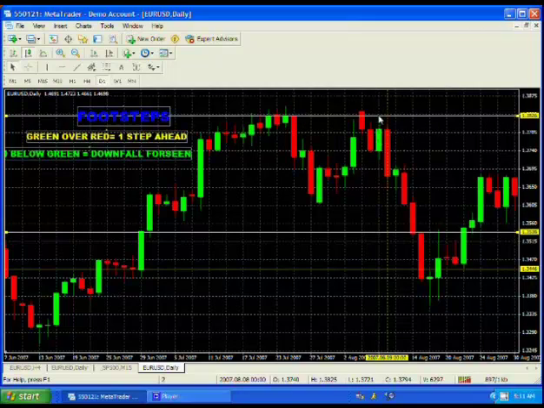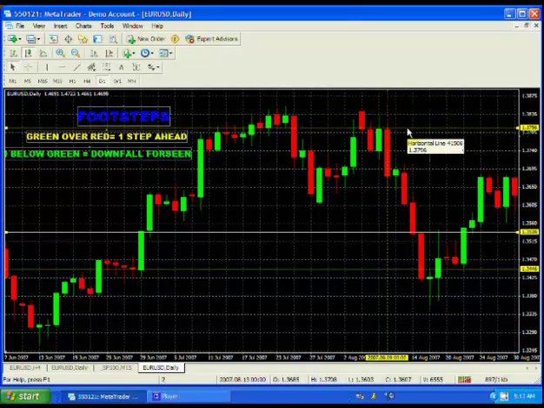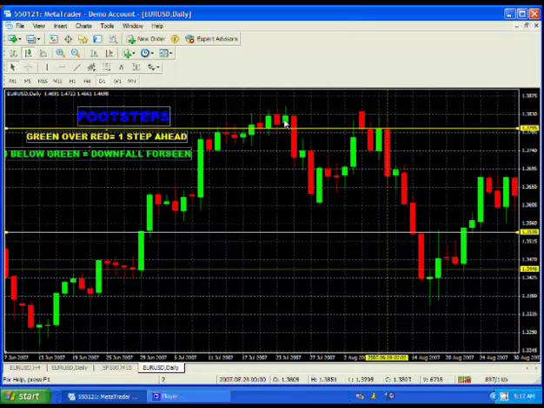Where did we close? We closed just below the range of this resistance bar, and since we could not clear or close within the range of this resistance bar, we would anticipate price to fall back down from here, and that would let us know that this pivot held.